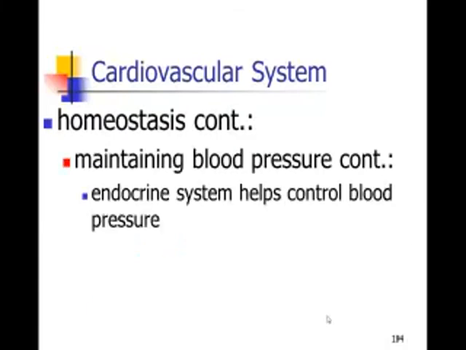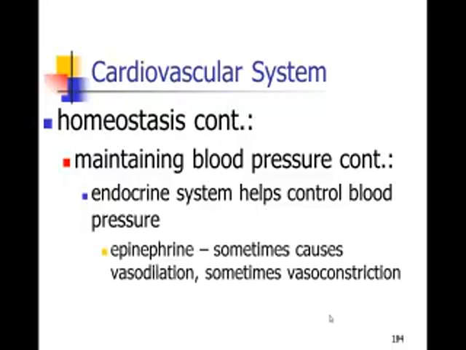The endocrine system is going to help control blood pressure. We mentioned epinephrine. Sometimes it causes vasodilation, sometimes it causes vasoconstriction. That seems to be contradictory, but actually it depends. The response of various organs to the same hormone is not always the same.